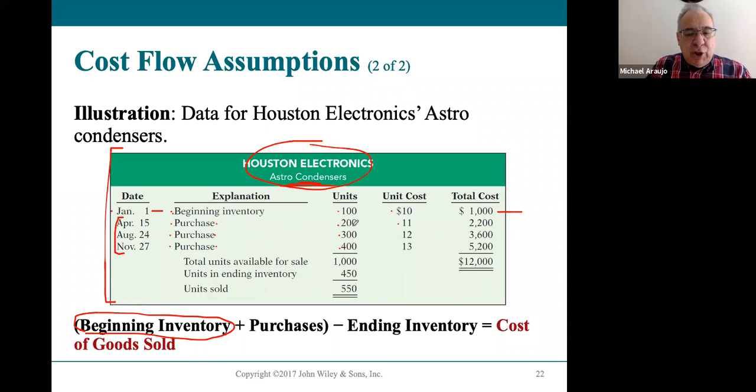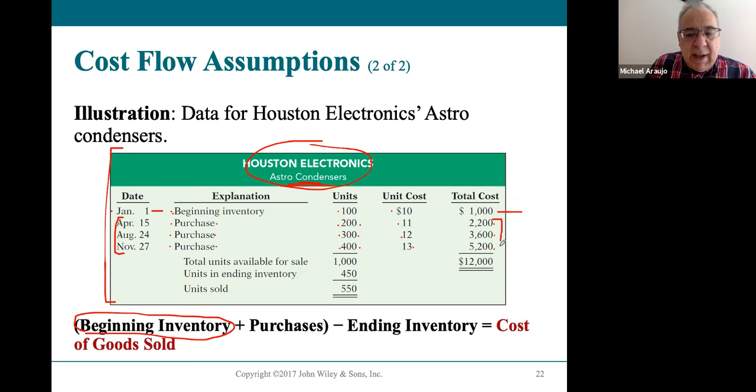So when they purchased 200 in April, they had to pay $11 each for those Astro condensers. When they bought them again in August, they had to pay $12 each. The totals are listed on the side here. And of course, the 400 they bought in November cost them more, $13 each. So they ended up forking out a lot more.